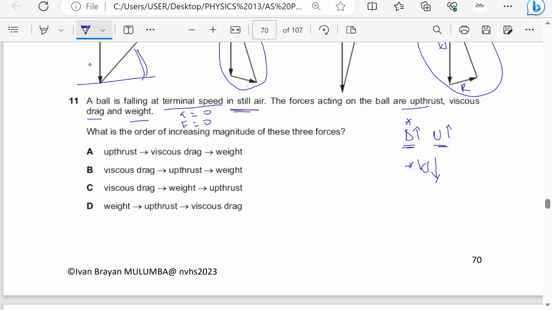In still air, the upthrust is going to be very small. So the upthrust must be the smallest force in this case. Upthrust is cross-sectional area times density times g times difference in height. The density of air is very small, so for this ball the upthrust is going to be the smallest, so the answer is going to be A.